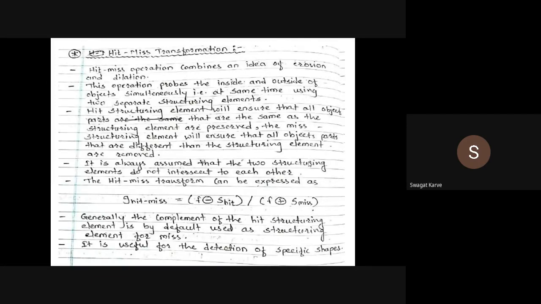So in that we have two structuring elements, hit structuring element and miss structuring element. With the help of hit structuring element, we are performing the erosion operation, and with the help of miss structuring element, we are performing the dilation operation. And that's why we are combining that dilation and erosion process together in this hit and miss transform.